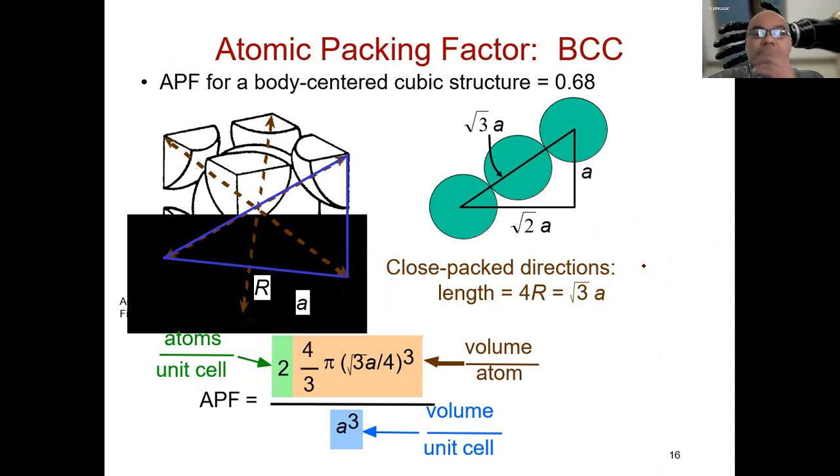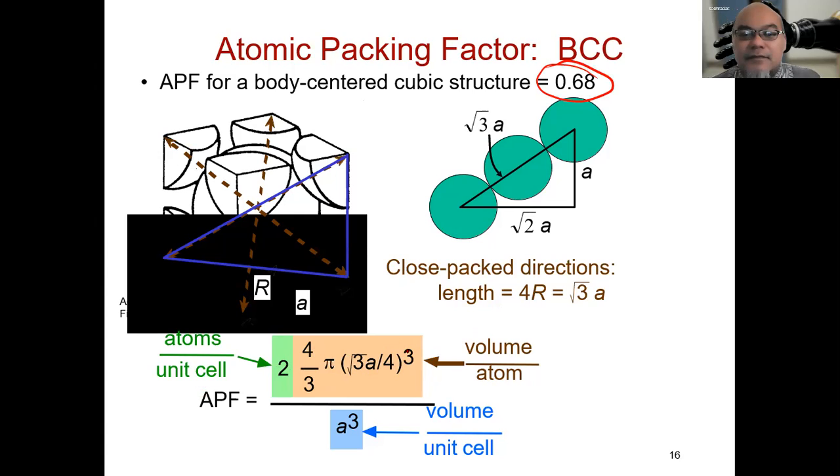Now, if we calculate the atomic packing factor, the APF is 0.68. So it has larger APF compared to the simple cubic structure. Where does it come from? The number of atoms per unit cell is 2. The volume of an atom is 4/3 pi R cubed, from the volume formula of a ball.